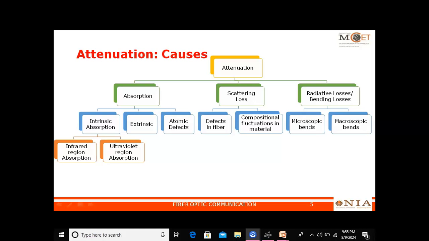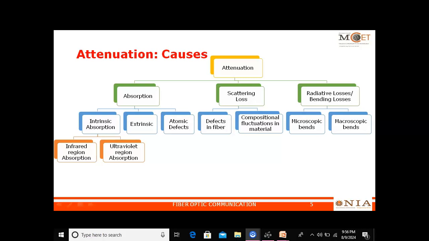Macroscopic bending leads to loss, because if you are transmitting a light pulse, the majority of the light should be confined along the center of the axis. But due to the bending effect, the center can follow the bend effectively, while the edge, the higher order modes, cannot.